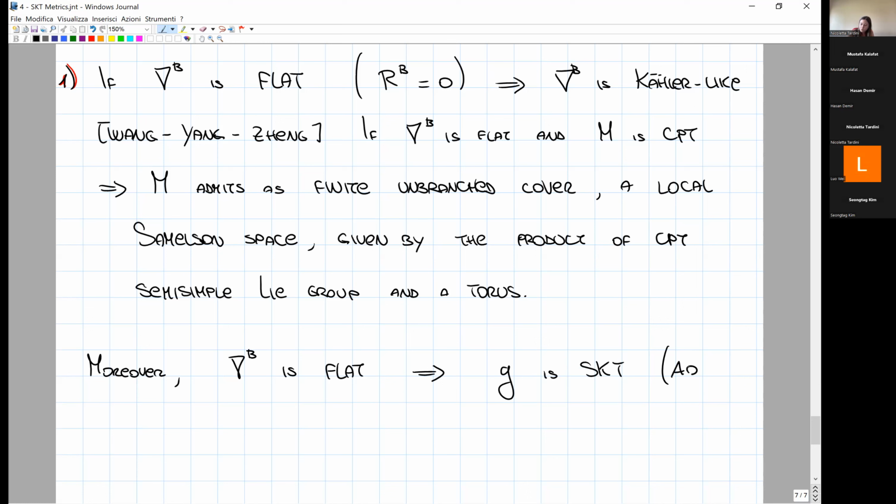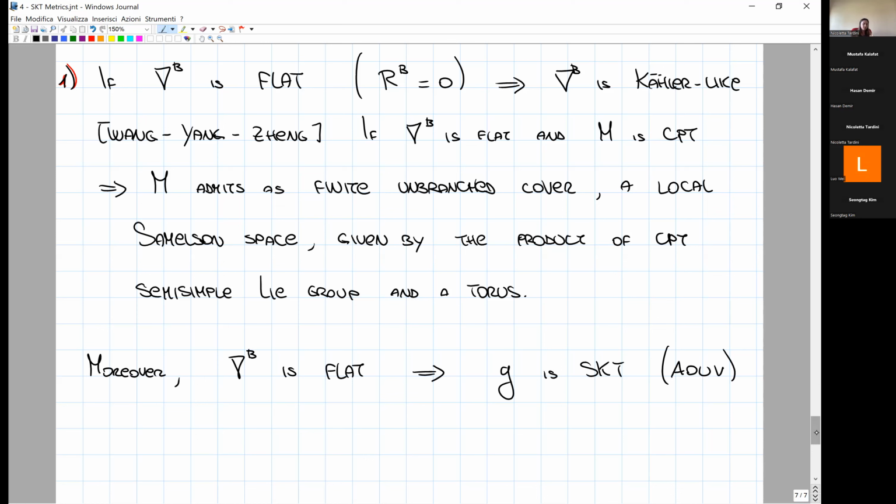Okay, and this was proven again by Angella, Otal, Ugarte, Villacampa. Okay, so this is confirming their conjecture, right? Because Bismuth flat metrics are in particular Bismuth Kähler-like, and so they proved that the metric has to be SKT.